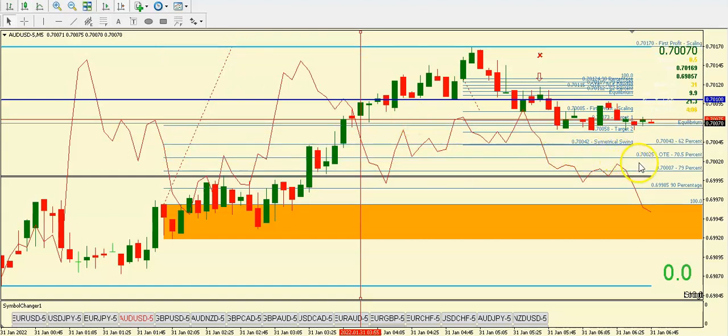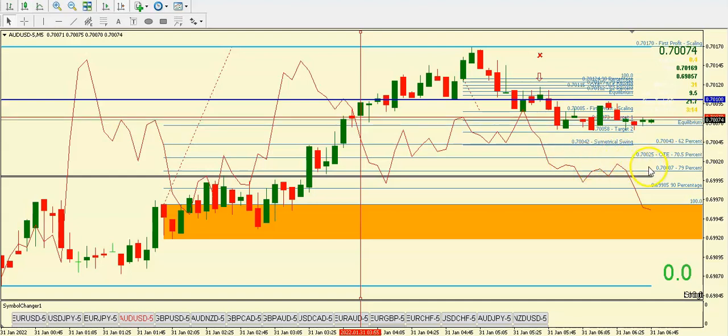Optimal trade entries here, and I'll put the order from this side. Okay, so from here to here, equilibrium is definitely broken through.